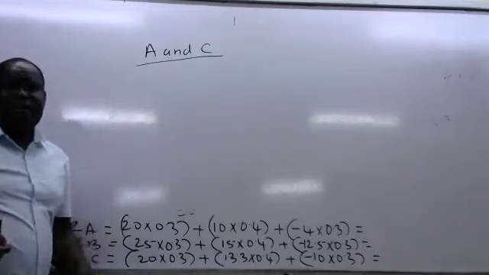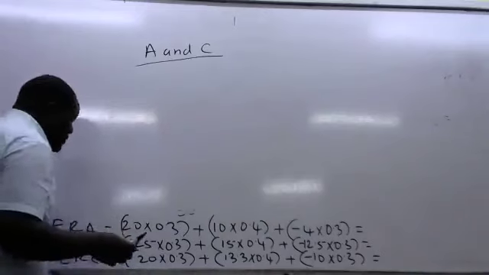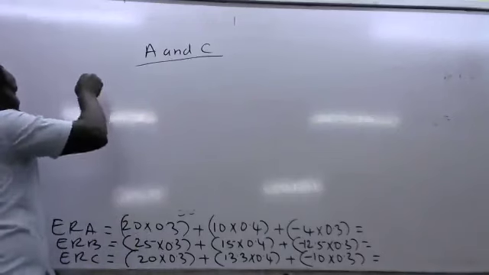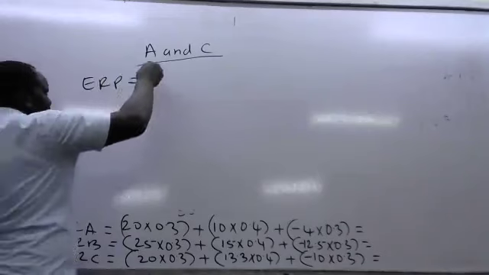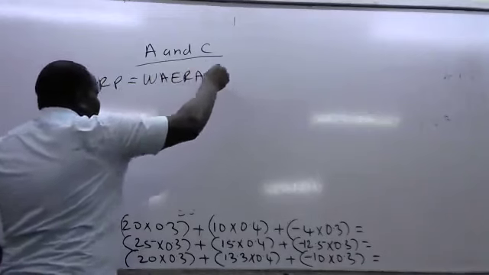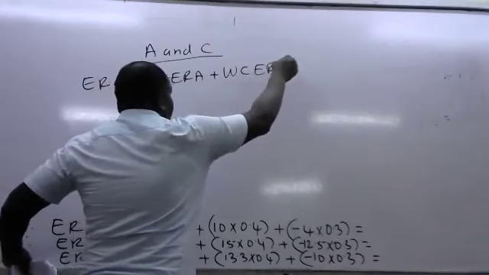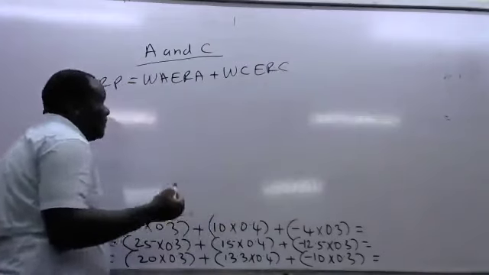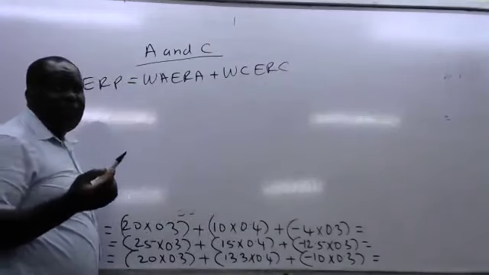So when it comes to A and C, we also want to calculate the expected return of the portfolio. We get the weight of A, expected return for A, we add the weight of C, expected return of C. So first we need to get the total market value.